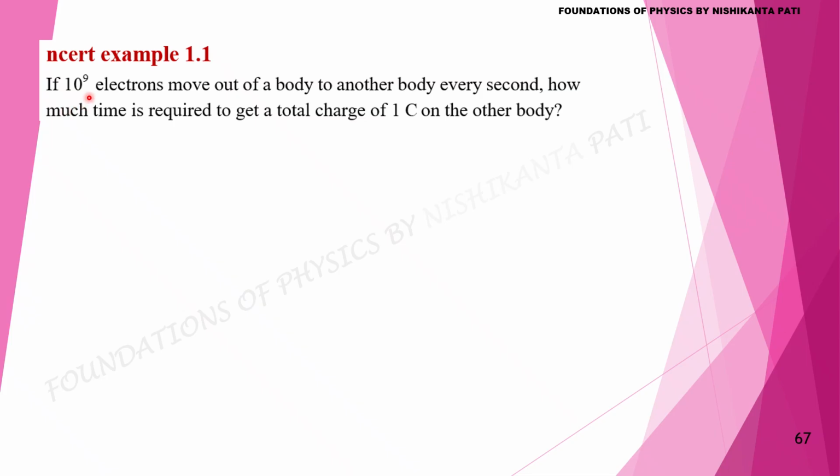If 10 to the power 9 electrons move out of a body to another body every second, how much time is required to get a total charge of 1 coulomb? 10 to the power 9 electrons are moving in 1 second.